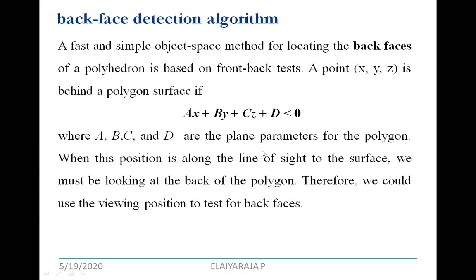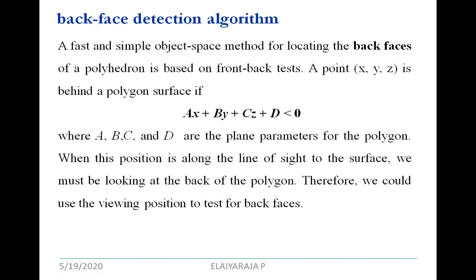When this position is along the line of sight to the surface, we must be looking at the back of the polygon. Therefore, we consider the viewing position to test for the back faces.